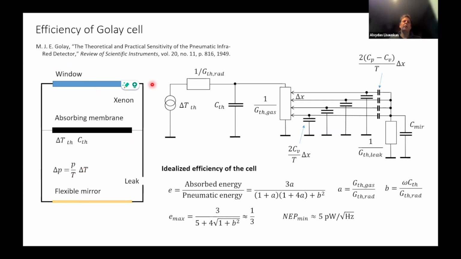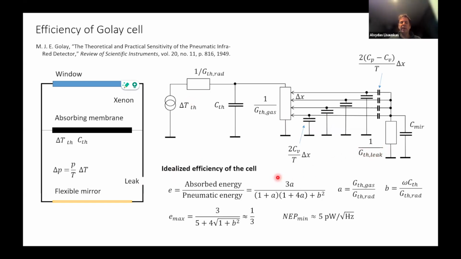The same thermodynamic picture has an electrical analogy. One can write it very simply: we have thermal variations like a current source, we have thermal conductance, thermal capacitance, and then thermal conductance of the gas connected to different capacitances, especially the thermal conductance of the leak.